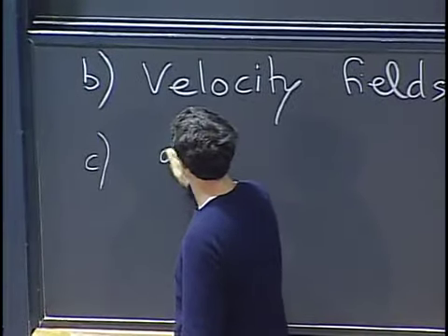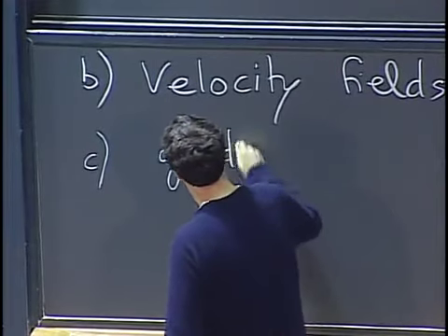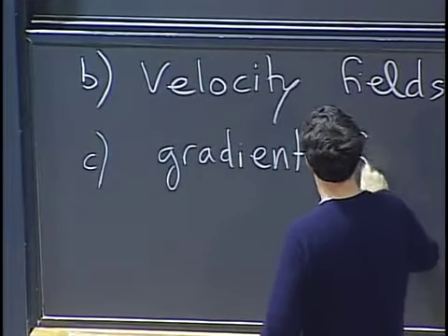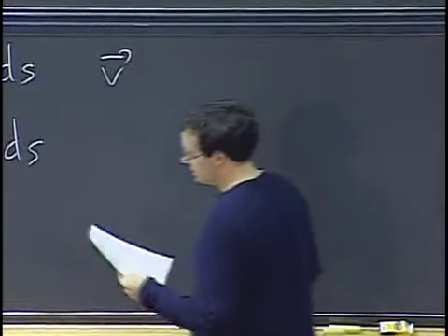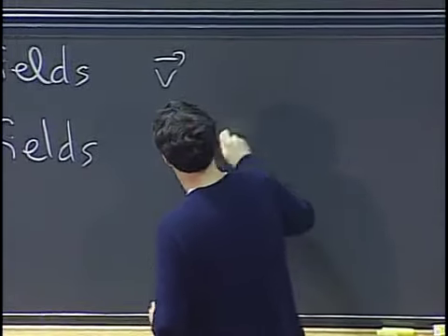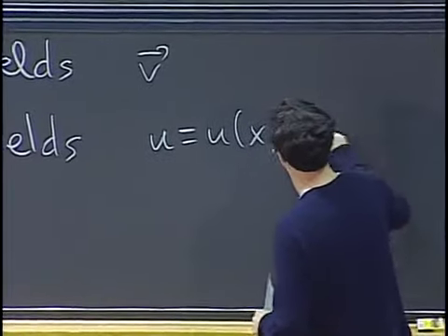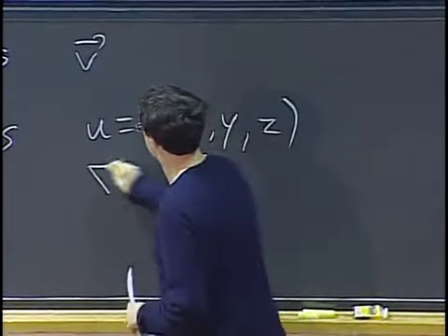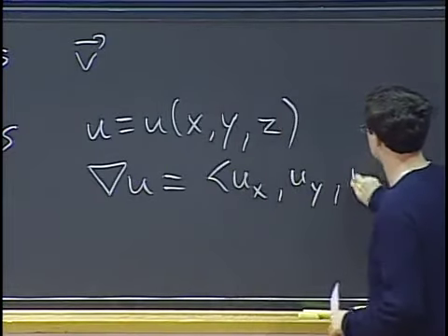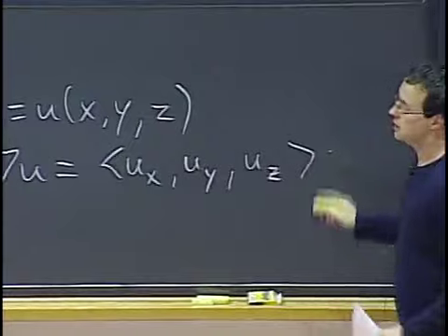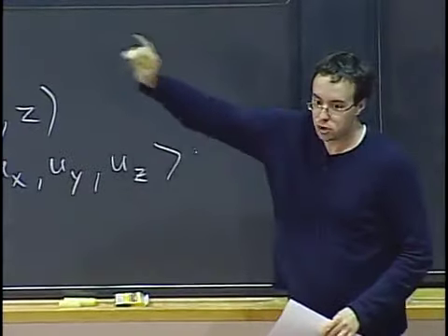And just to give you more examples, in math, we've seen that the gradient of a function of three variables gives you a vector field. If you have a function u of x, y, z, then its gradient field has just components u sub x, u sub y, and u sub z. And of course, the cases are not mutually exclusive.